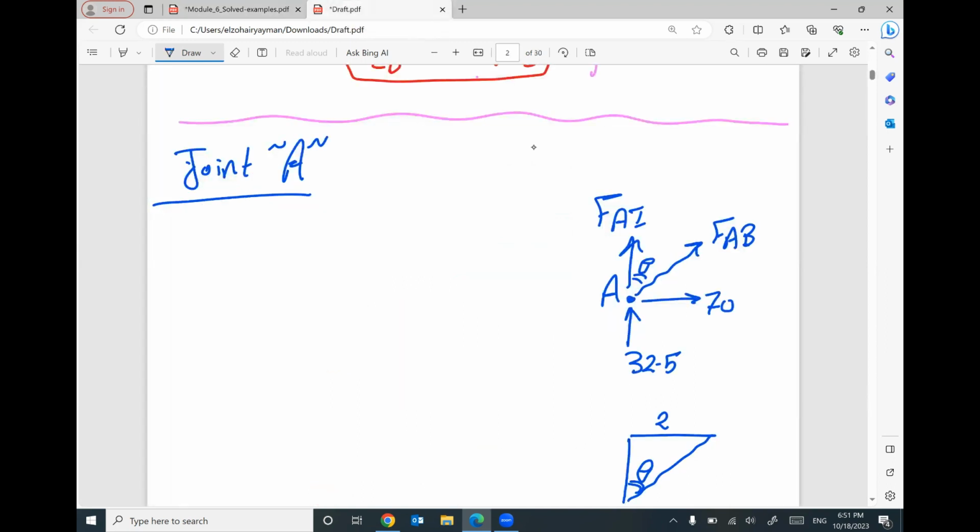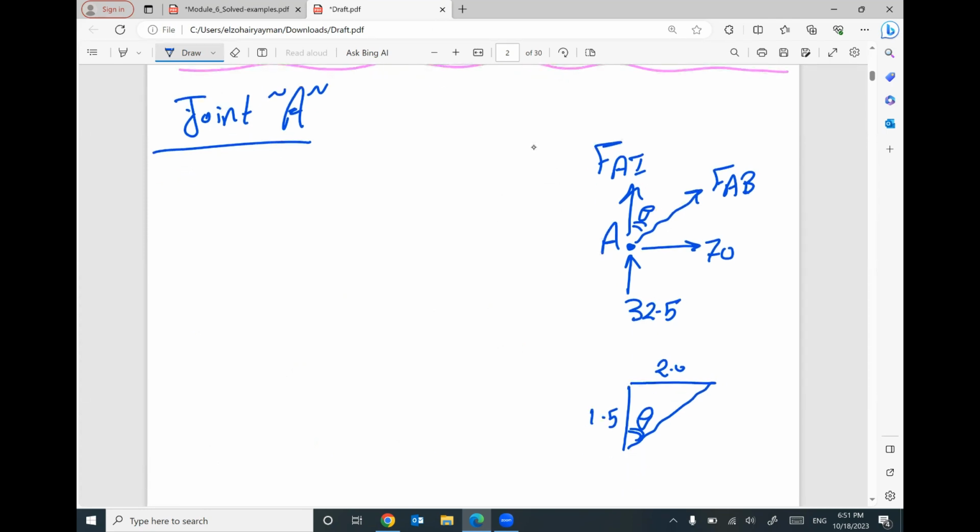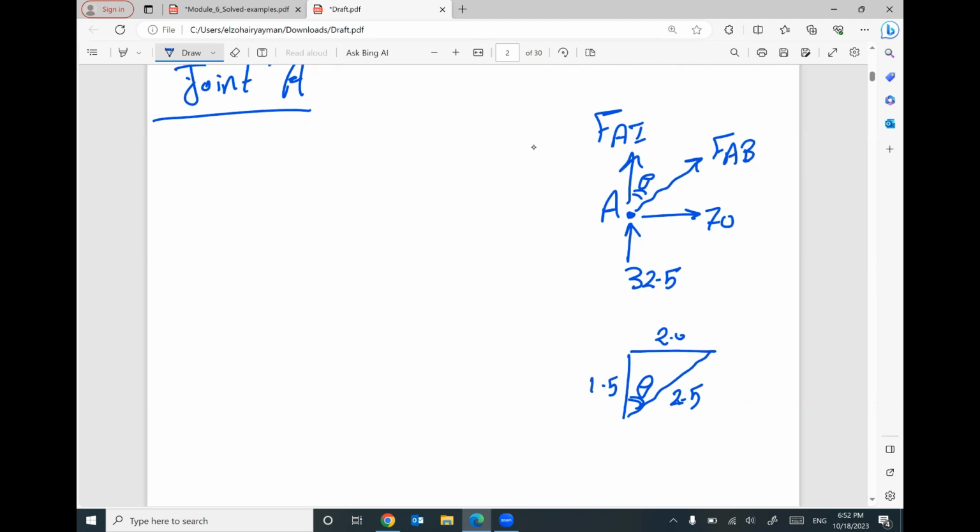So the third member will be the square root of 2 squared plus 1.5 squared. It will be 2.5. So sine theta will be 2 divided by 2.5, cosine theta will be 1.5 divided by 2.5. Does that make sense?